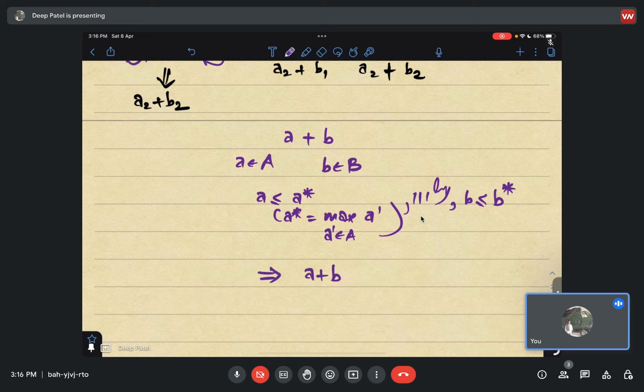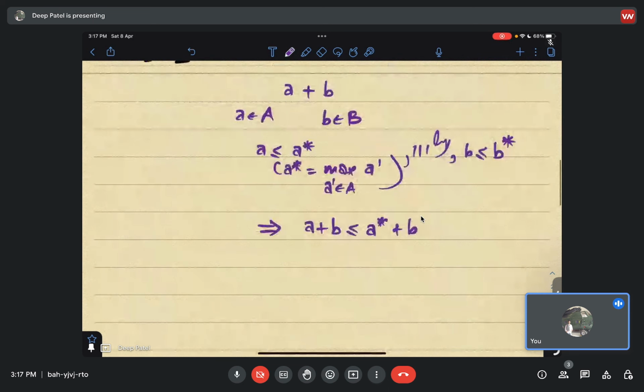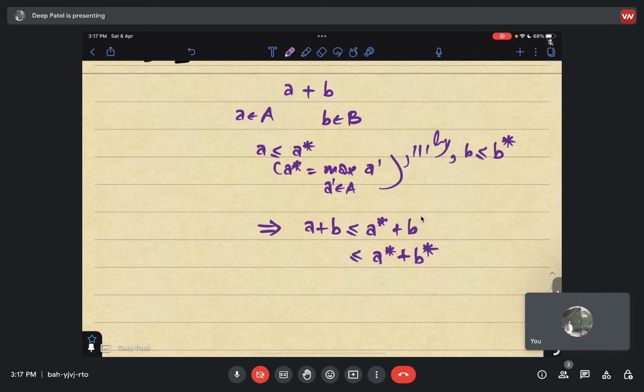Then a plus b is less than or equal to A star plus B star. There is no problem here, right? This looks okay.